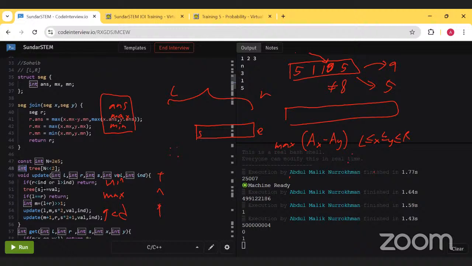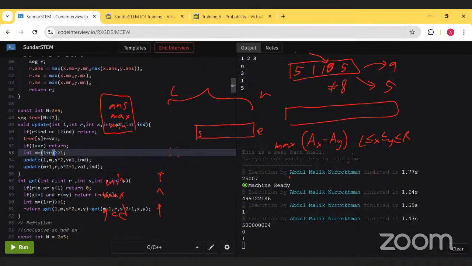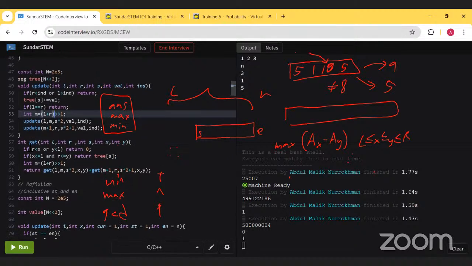So this is not just an integer but a struct. So if we want to query, the query is a segment, and then the return is we want to join them.